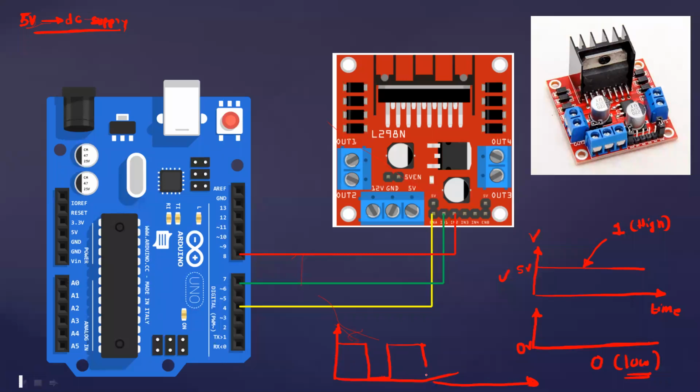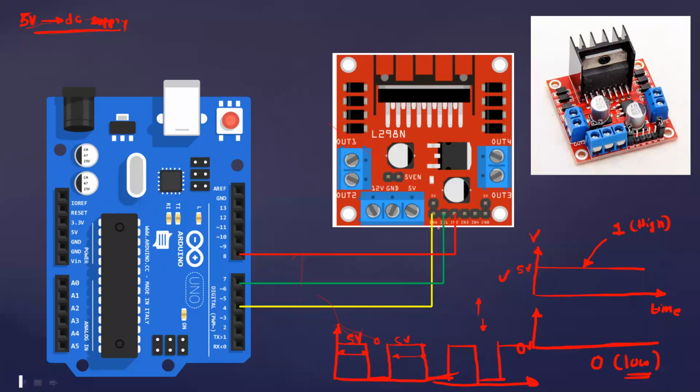Here we will supply one cyclic voltage, so we need to supply a waveform like this: 5 volt, 0, 5 volt, 0. It will remain high for a particular time, after that it will go to 0, and again it will remain high. So we will vary the frequency of such a pulse, and depending on that frequency, the speed of the motor will go to the maximum or to the minimum value. This is called the enable pulse.